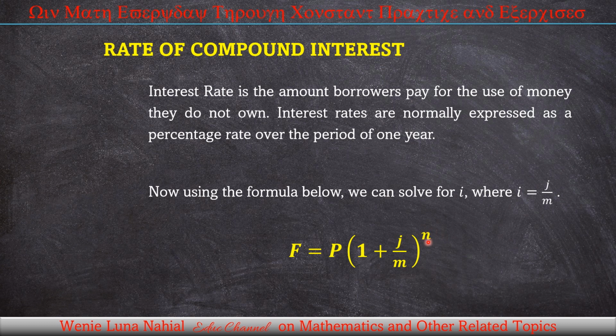This exponent is the total number of conversion periods by the end of the agreement or by the end of the time. So we simply use a single letter for the total number of conversion periods.